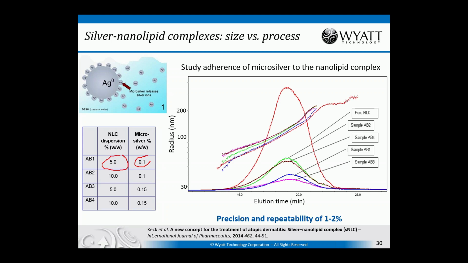Now, I'd like to note that using batch dynamic light scattering and NTA, they weren't able to determine any difference between these processing conditions, but with the exquisite separation capabilities of FFF plus downstream light scattering, it is possible to discriminate very nicely and very repeatably between these different conditions. And we can see here the different sizes of the molecules.